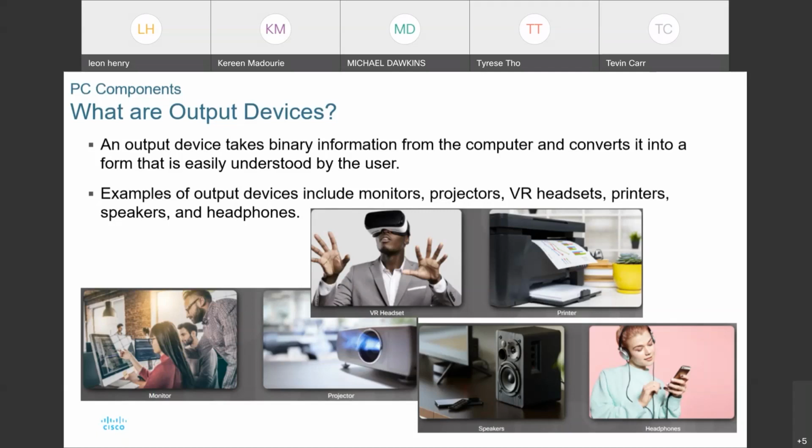Is it a device that gives out information from a computer? Yeah, it converts it into a readable form that we, the end users, can understand. Correct.